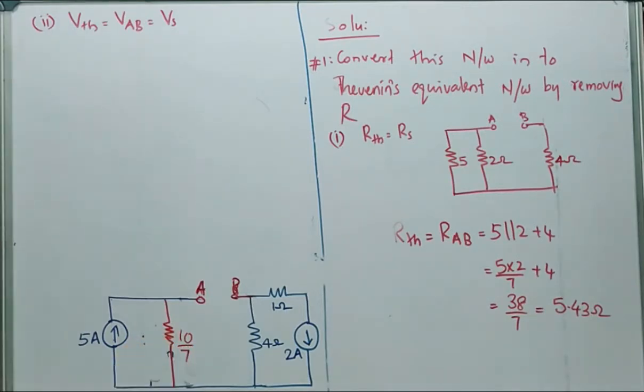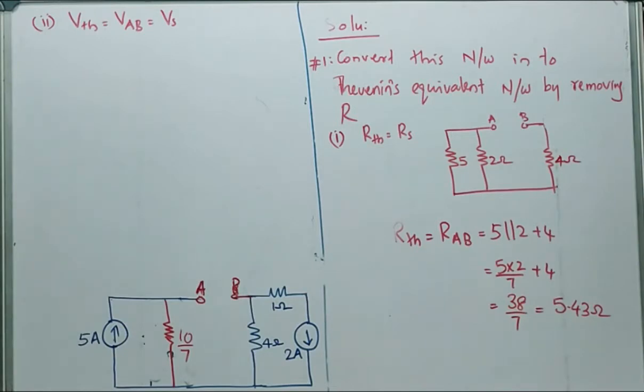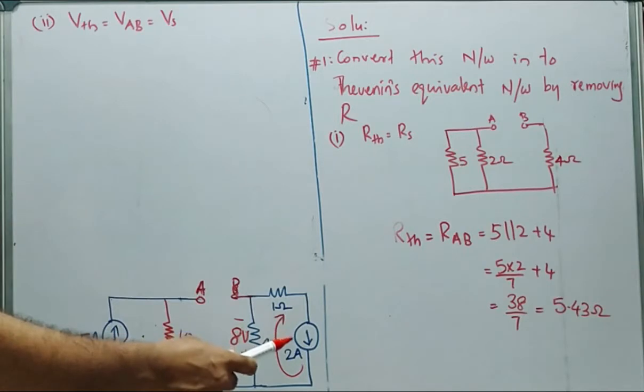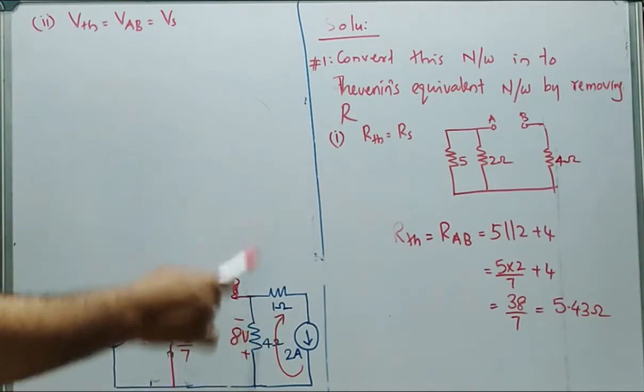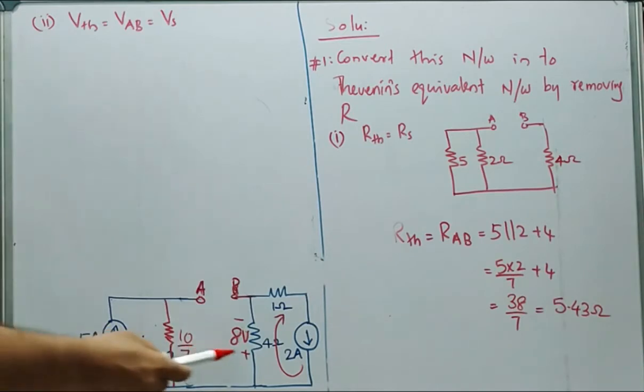Now we need to move from B to A and add all voltage drops. As the current flowing through this 4 ohm resistor is 2 ampere and it is moving upward, the potential across this 4 ohm resistor is 8 volt, that is 4 into 2, with this polarity.